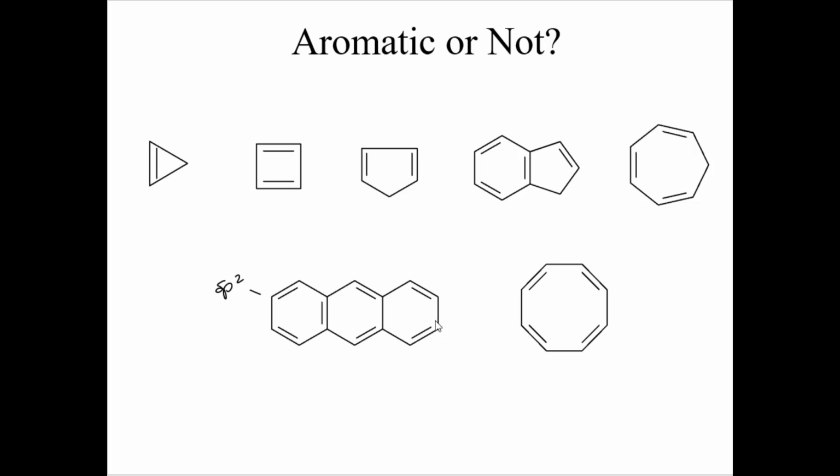How many total pi electrons do we have? Well, in each double bond, we have 2 pi electrons. So we got 2, 4, 6, 8, 10, 12, 14. We've got a grand total of 14 pi electrons. Does that meet the 4n plus 2 rule, where n is an integer? Yes, because if n was 3, we would get the number 14. So this is aromatic.